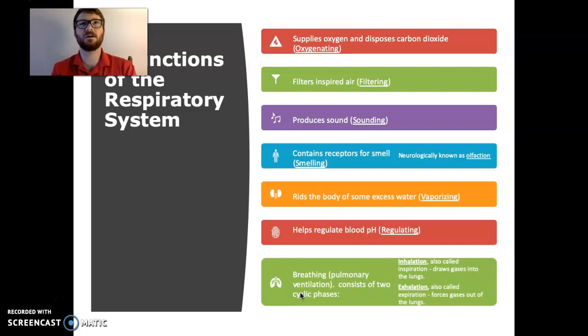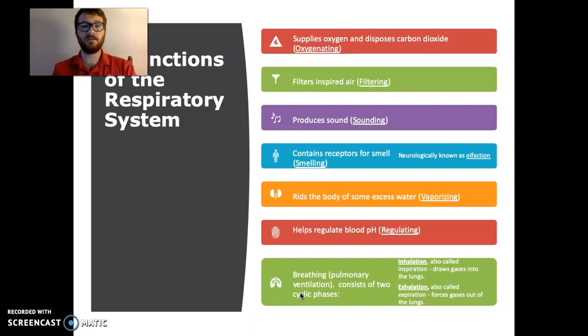But their concentration is enough to hurt us if we don't have filtered air. Sounding, obviously, we want to produce sound. Smelling, it contains receptors for smell, neurologically known as olfaction. We get that from the olfactory nerve, the first cranial nerve.